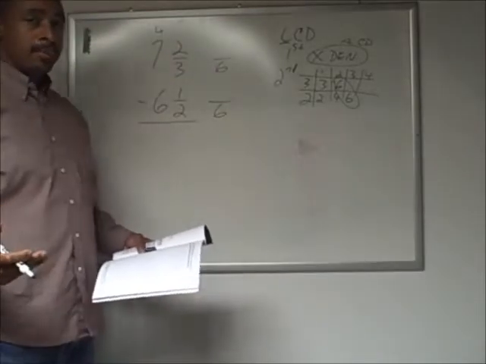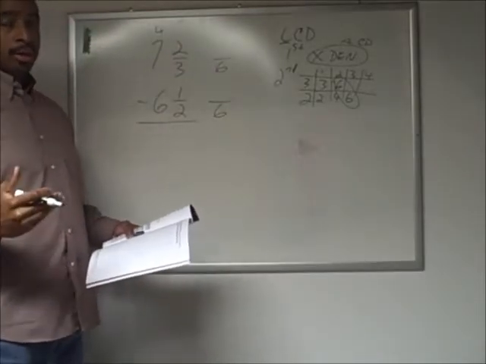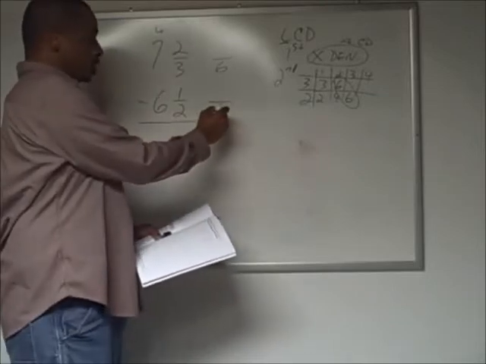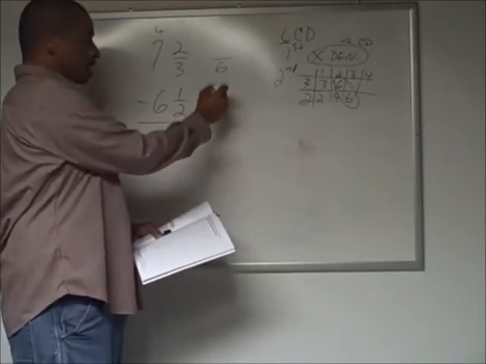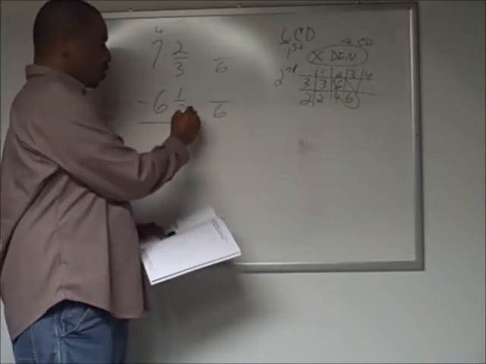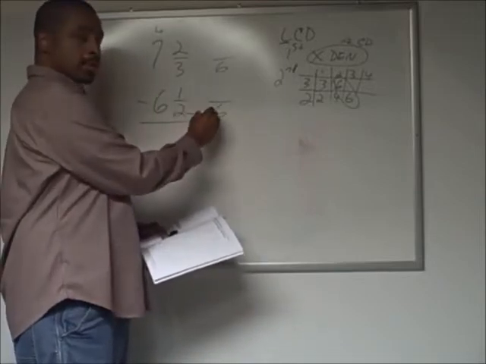Then our next step is to actually create the new fraction. So when this denominator is 6 here, and this denominator is 6 here, we're going to create a new fraction. 2 goes into 6 3 times.